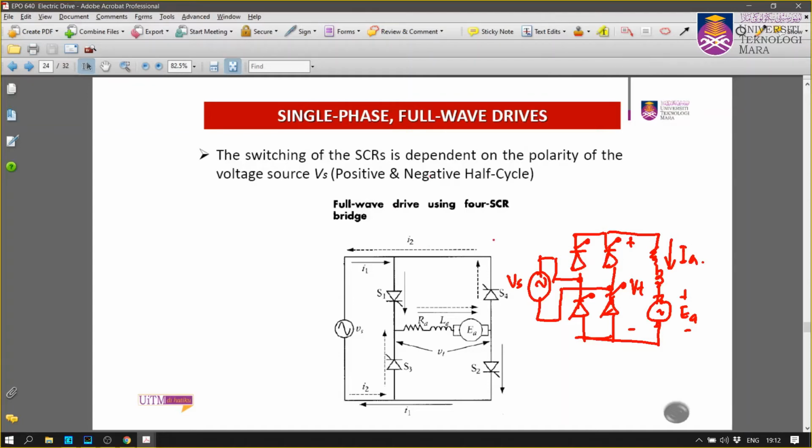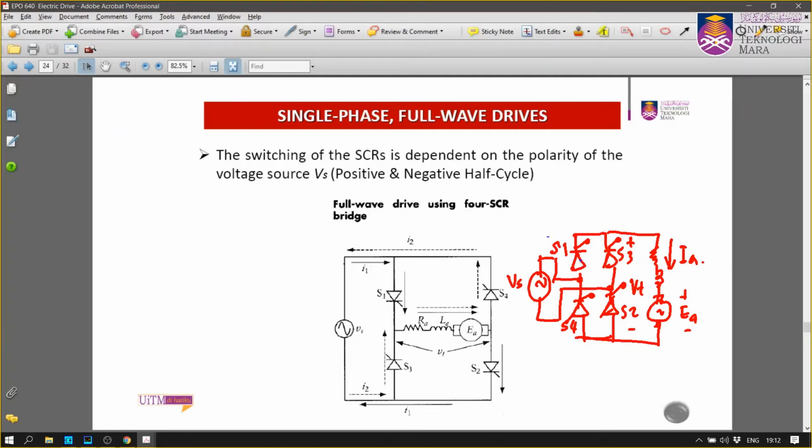So normally you're going to have S1, here you have S2, S3, S4, for example. Right?